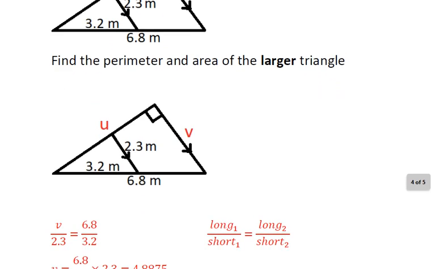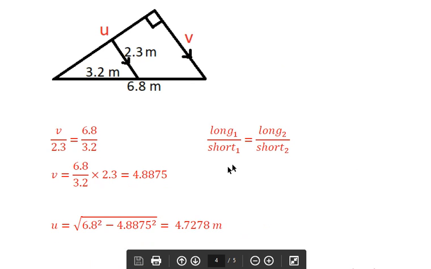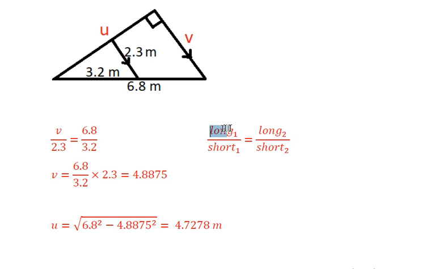Let's have a look at our similar triangles formula here. Let's bring it up. The first long side, all this subscript means by the way is just long one, the first long side, and we can call that our V value, over our first short side, which is the corresponding, similar side here. That side's parallel and it's very similar.